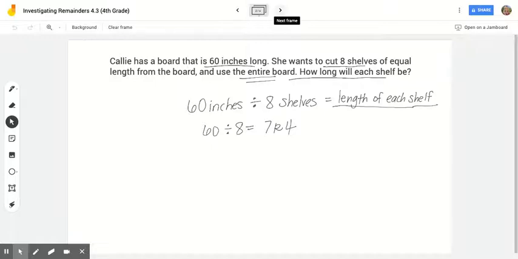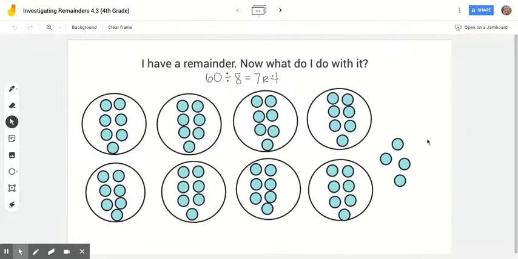So let's look at the picture again. These would each, in this case, represent an inch. So if this is an inch, and this is an inch, and this is an inch, and this is an inch, we would be splitting them between the 8 groups, right?